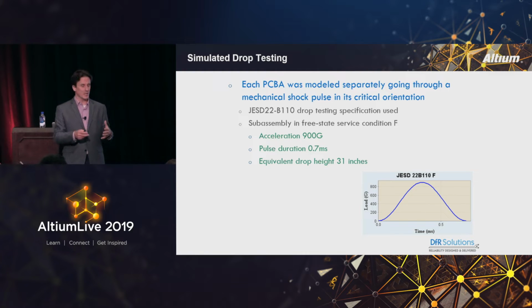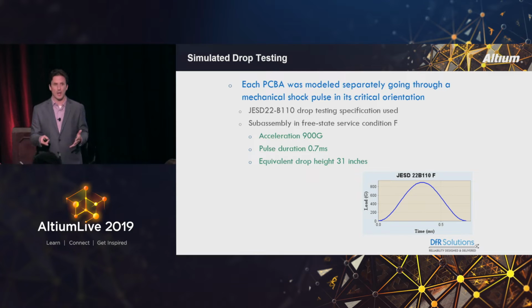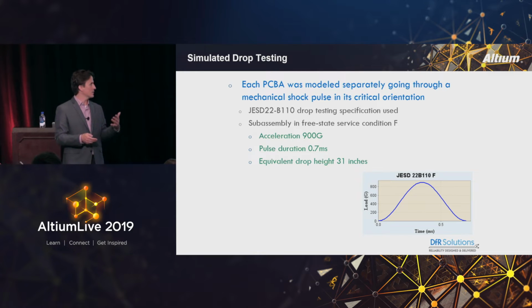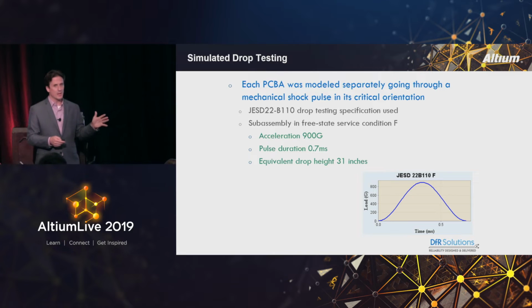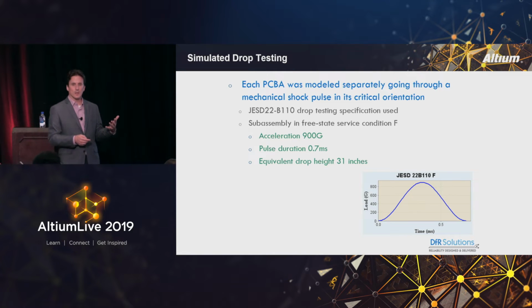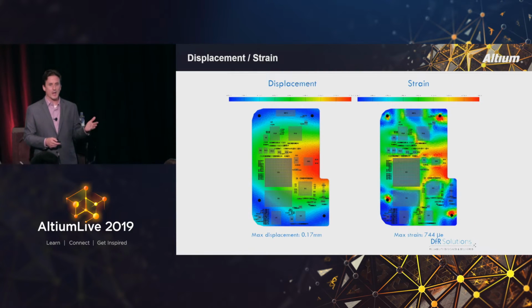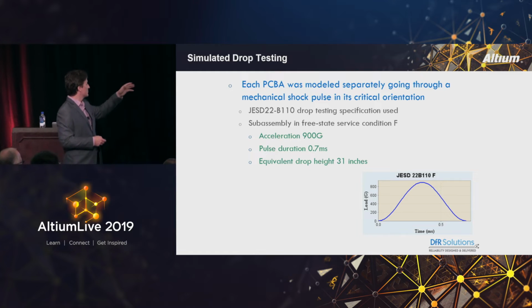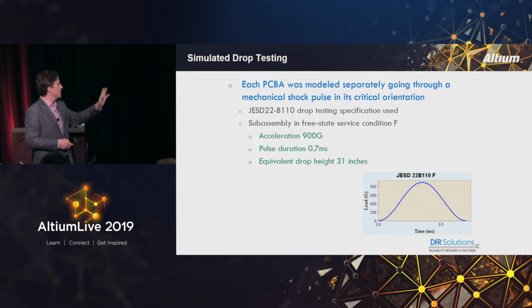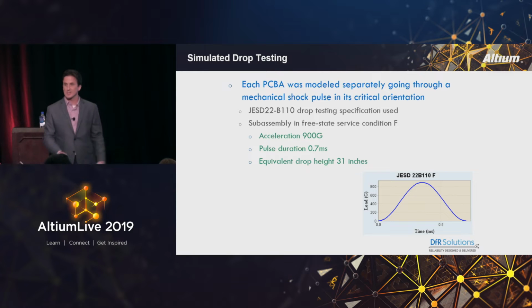So getting to the point where I can actually drop test something is really expensive and takes a long time. What this allows me is to look at the stress and the strain that are placed on my electronics by a drop test using 900 Gs, which I think is equivalent to 31 inches.